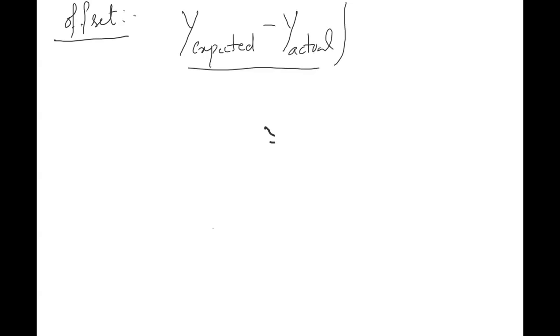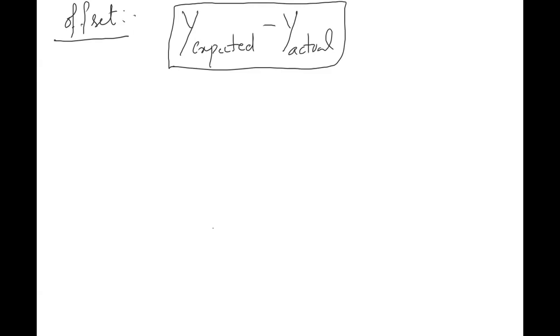Simply, offset is the response that you have expected minus the actual response. This is what you define as offset. The expected response minus the actual response.